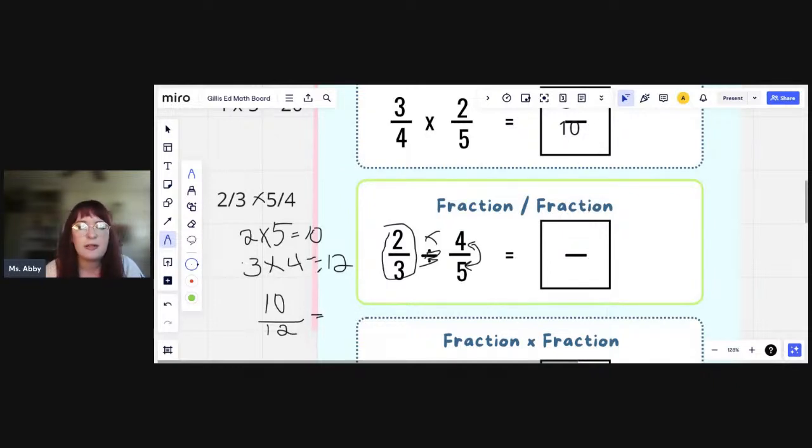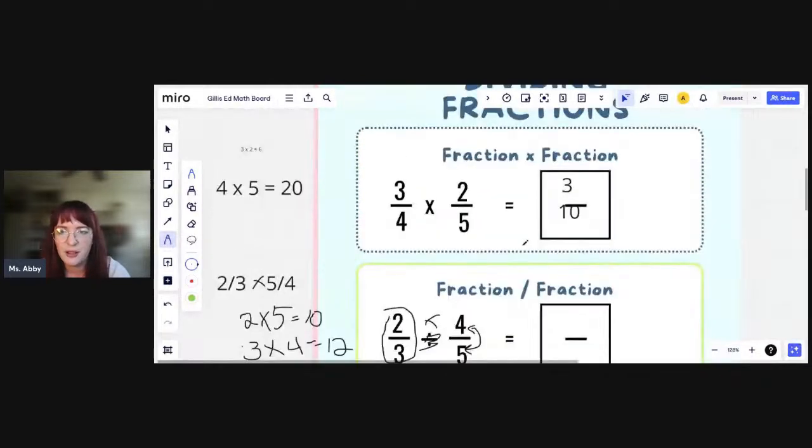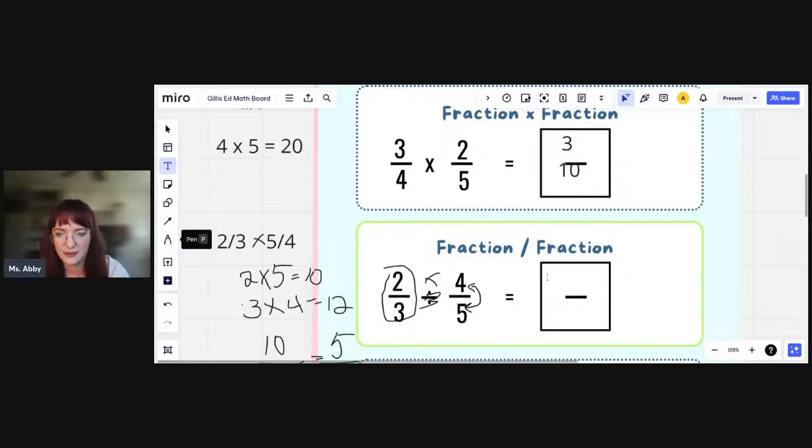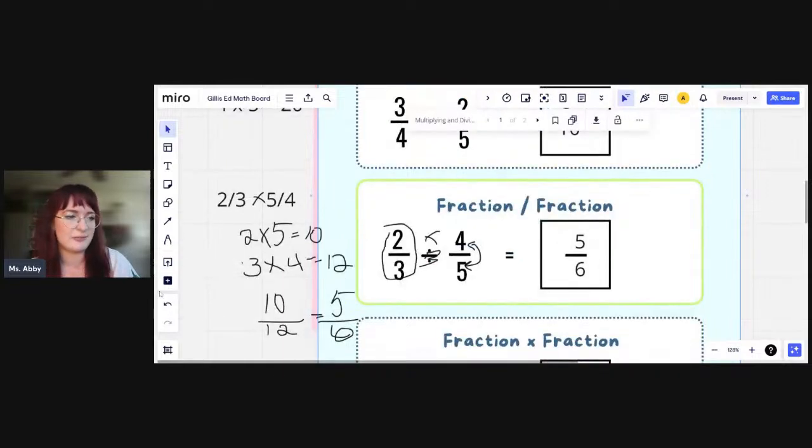And we're going to, again, look for the number that can go into both the numerator and the denominator. And when we do that, we get 2. So we're going to divide each of these by 2. And instead, we will have the fraction 5/6, which will be our answer that we put right here. So 5/6 is our answer for this one.